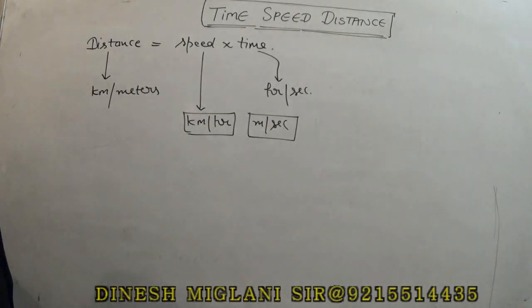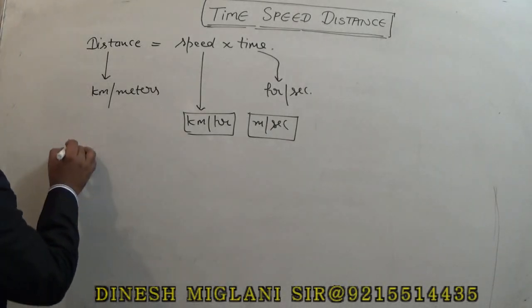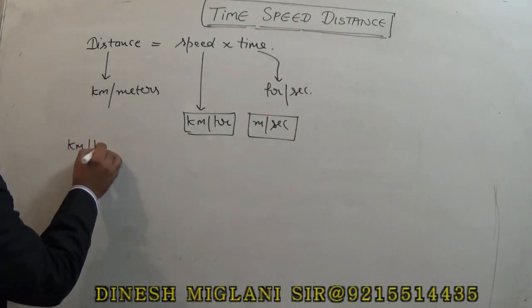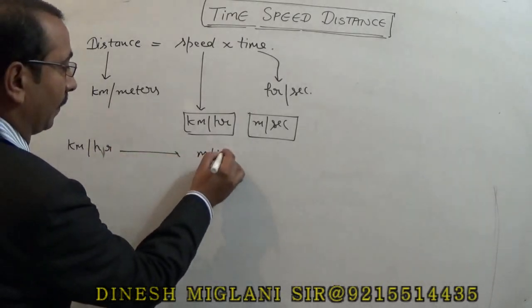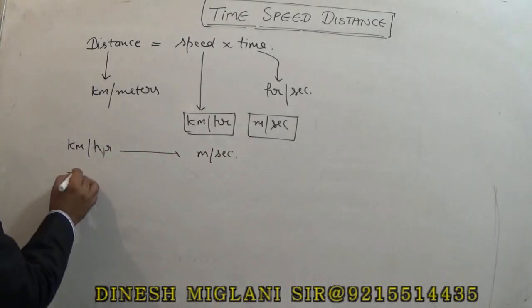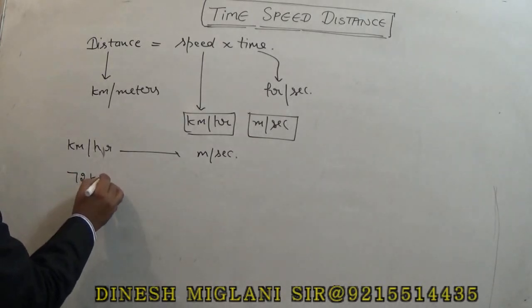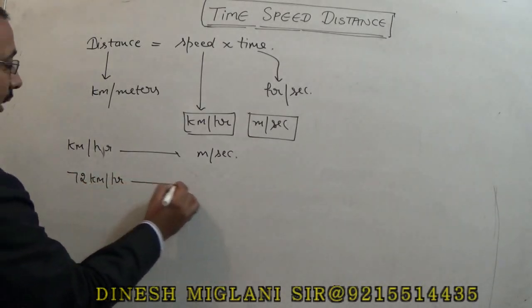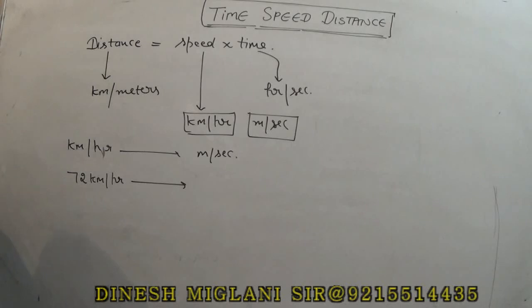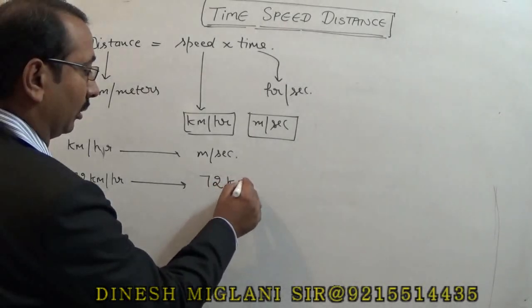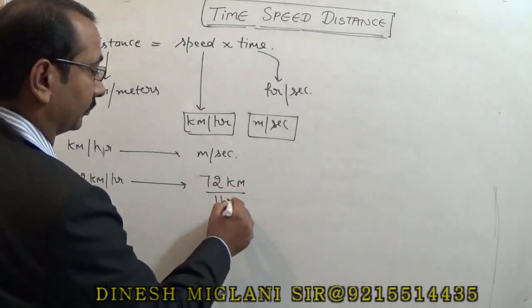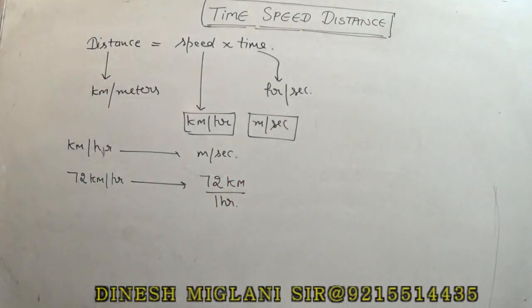Now the first point here is how to convert your speed from kilometer per hour to meter per second. Suppose speed of a person is given 72 km per hour and you have to convert into meter per second. We know that 72 km per hour means 72 km upon 1 hour. Now I want to convert this into meter per second.